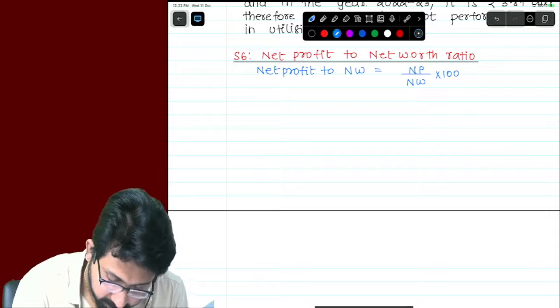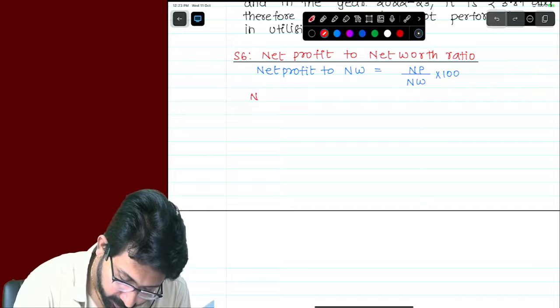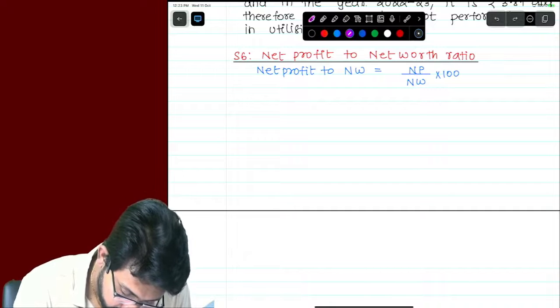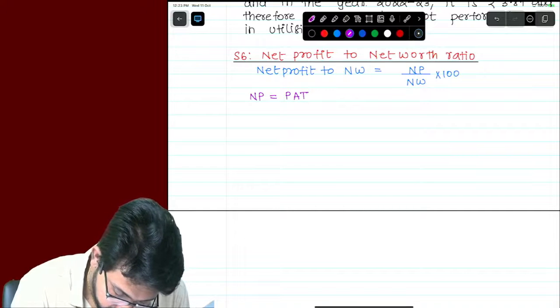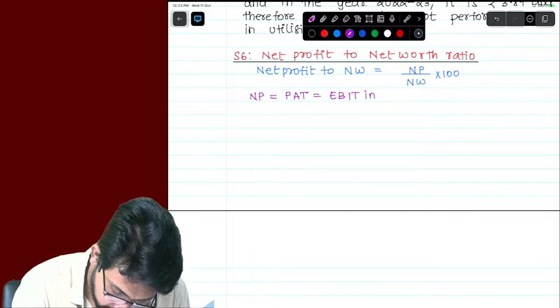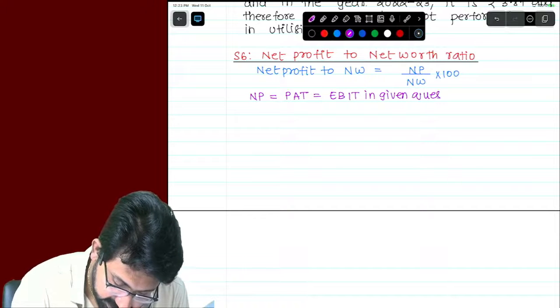Below, write down: net profit means profit after tax, that will be equal to EBIT in the given question. Did you understand why I am writing this?